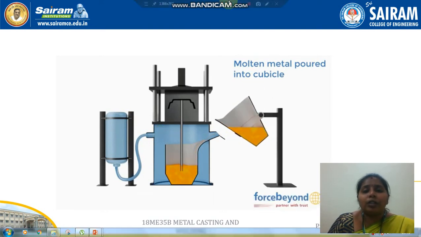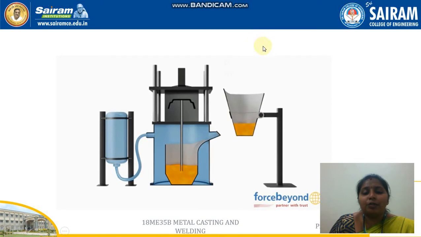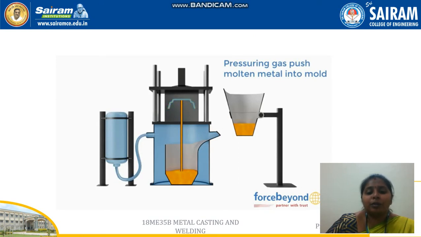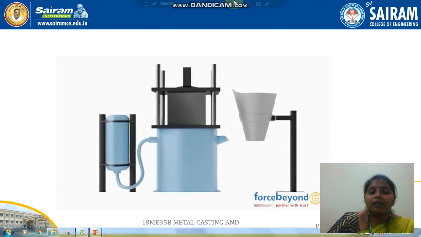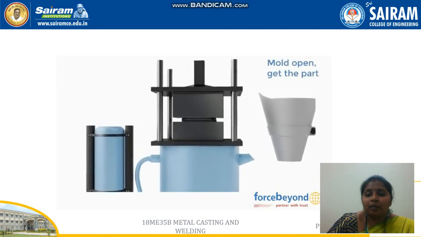Hence it is a low pressure die casting. Only a very low pressure is given to the unit. Air is passed, which creates the pressure, and through the unit the molten metal is sent to the die, and it occupies the die.